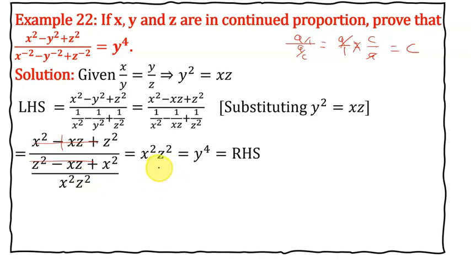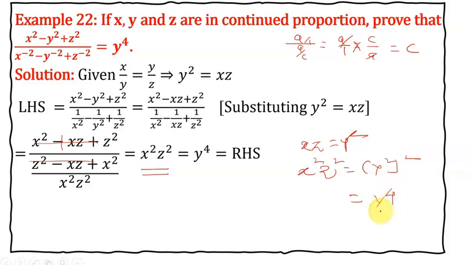The reciprocal of this is nothing but x square z square. But what is x square z square? xz is nothing but y square. Therefore x square z square is the square of y square. Therefore you will have y raised to 4.